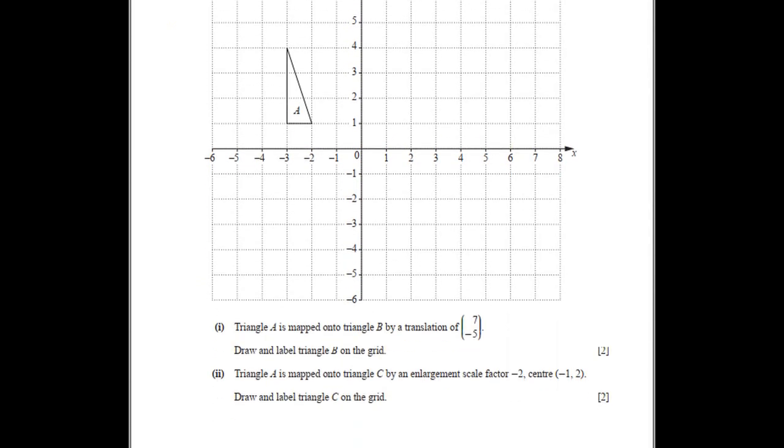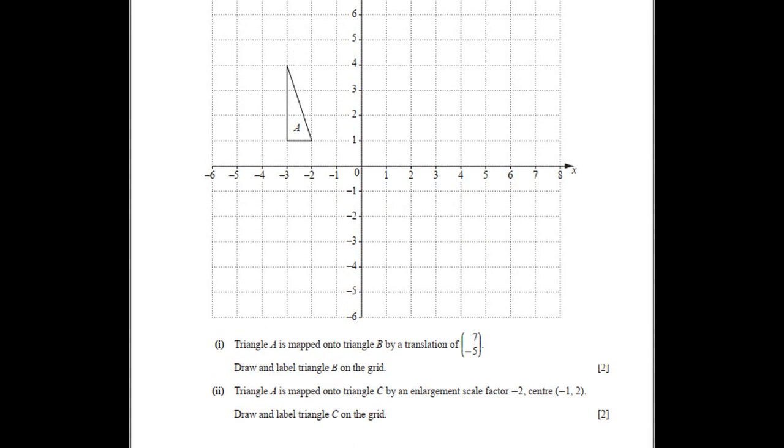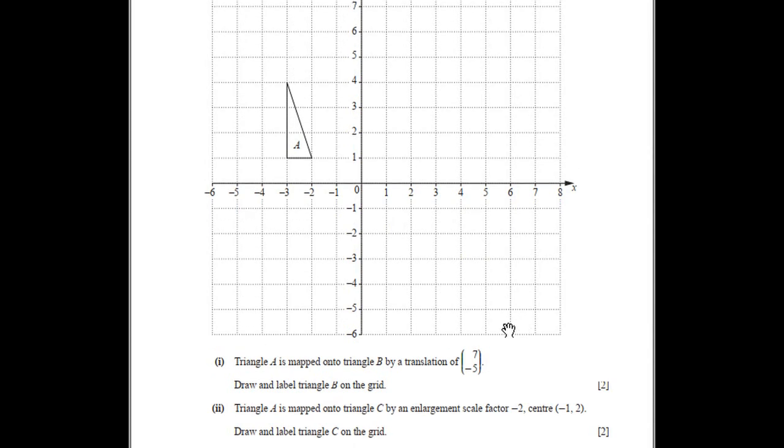Question 4, part A, part 1. Triangle A is mapped onto triangle B by a translation of 7, minus 5. Draw and label triangle B on the grid. So 7 means move each point 7 to the right, and minus 5 means move each point 5 units down.